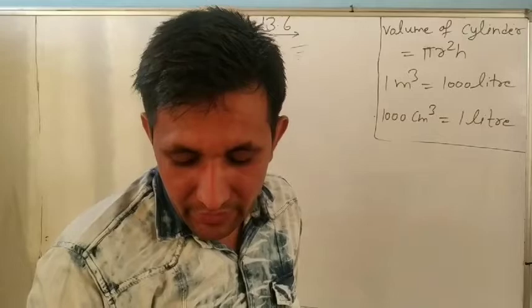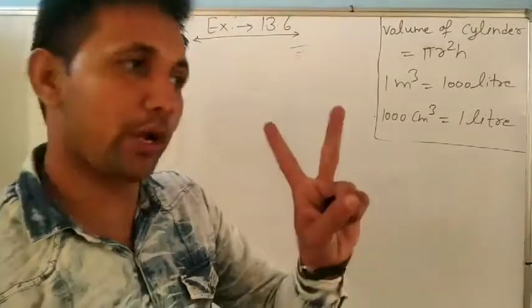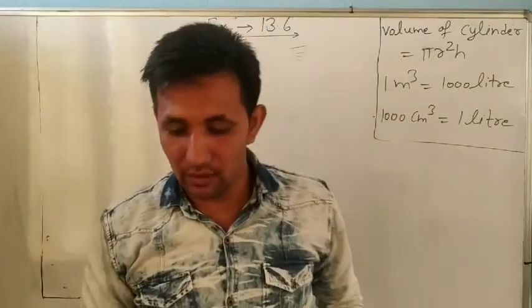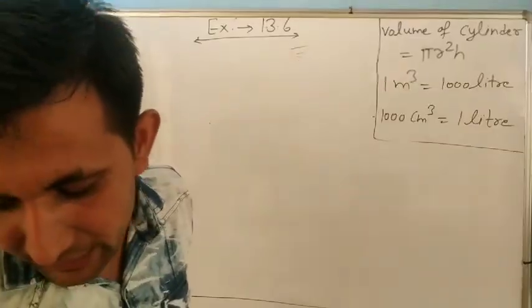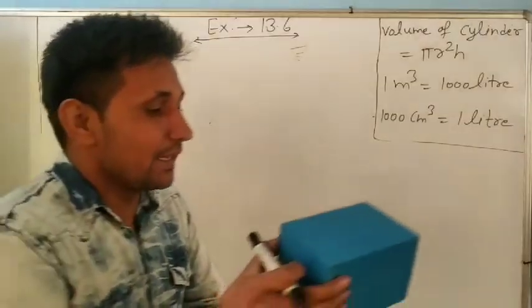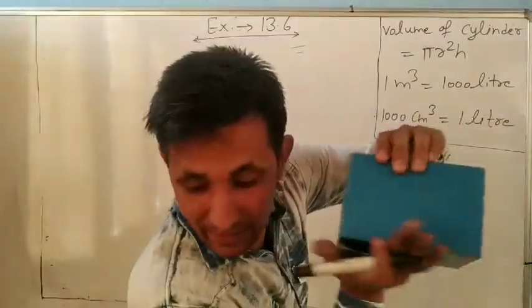What is given? A soft drink is available in 2 packs. Soft drink, you always drink cold drinks, no? So a soft drink is a tin can with a rectangular base. In a cuboid, the base is rectangular.